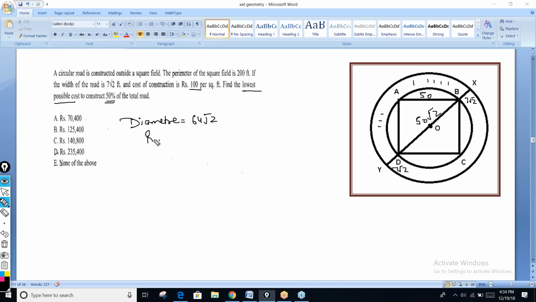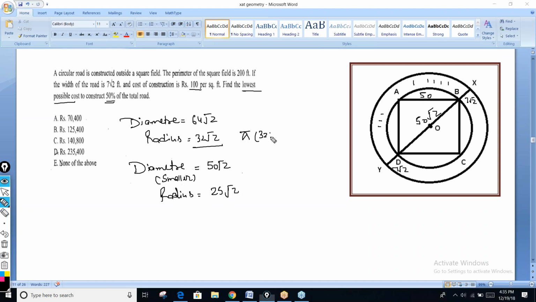So the radius is 32 root 2, and the diameter of the smaller circle is 50 root 2, so the radius will be 25 root 2. The area of the bigger circle is 32 root 2 squared times pi, which is 1024 into 2, that is 2048 pi.